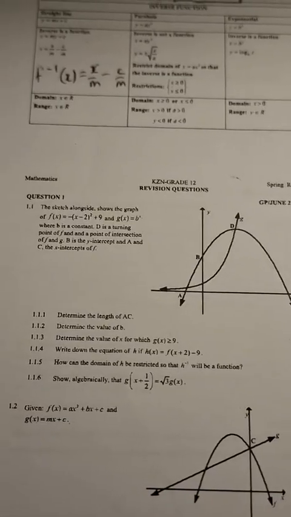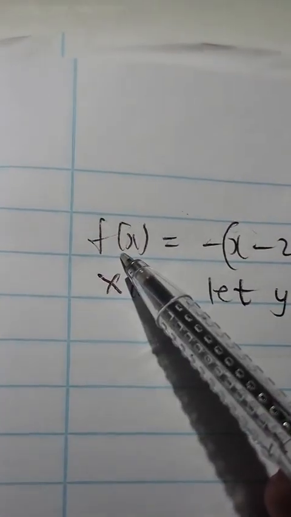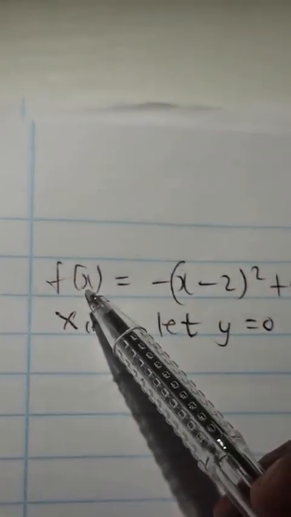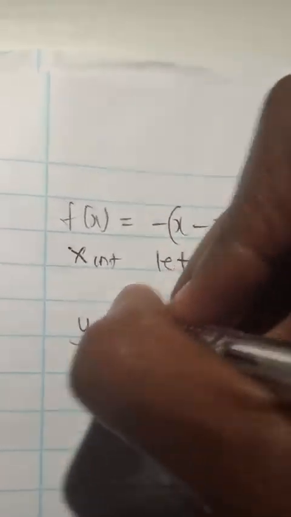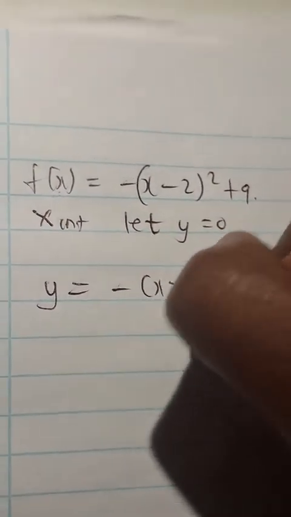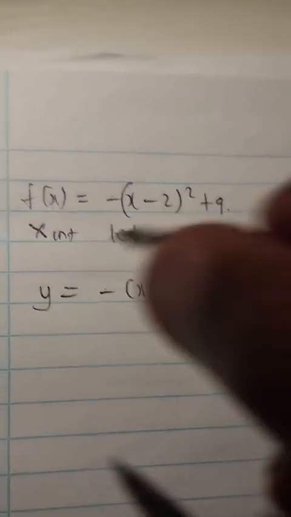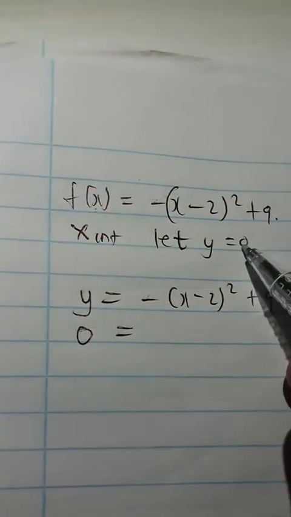We let y be equal to 0, right? So we are going to come here. F of x means y. So let's rewrite this function. Y is equal to negative x minus 2 the whole thing squared plus 9. Now it makes sense. Substitute in the place of y 0.